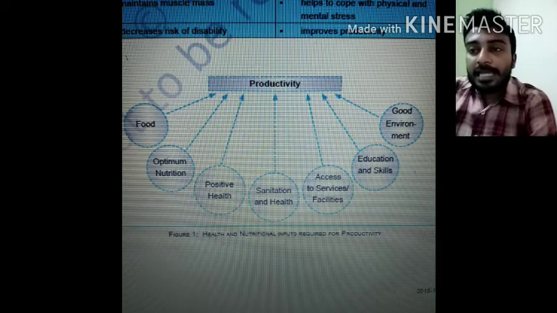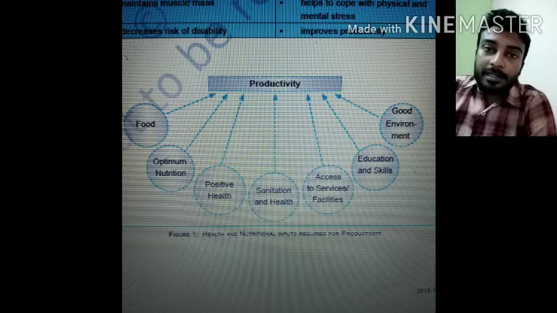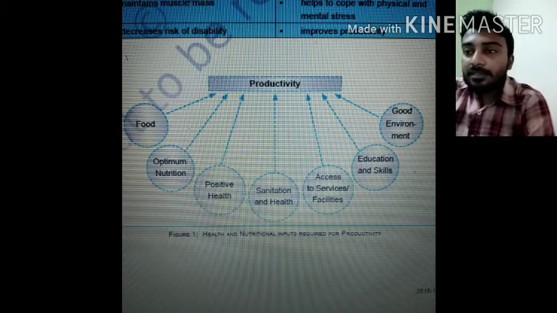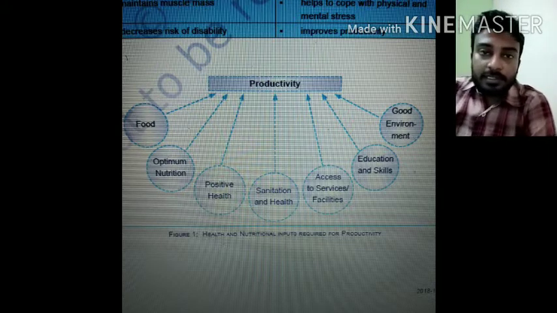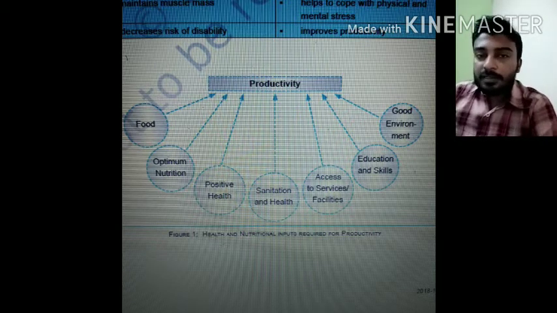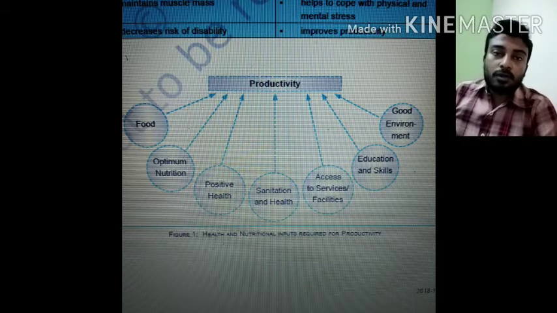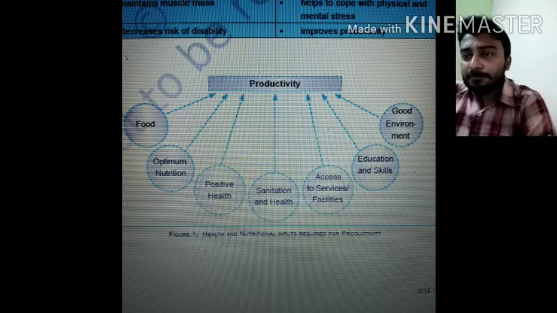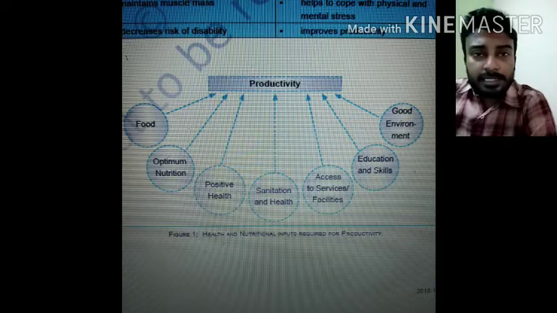Now number 4 is sanitation and health. The proper health, hygiene and sanitation is also required. Number 5 is access to services or facilities. You should have proper access to the different services and facilities in order to improve your productivity. And number 6 is education and skills.